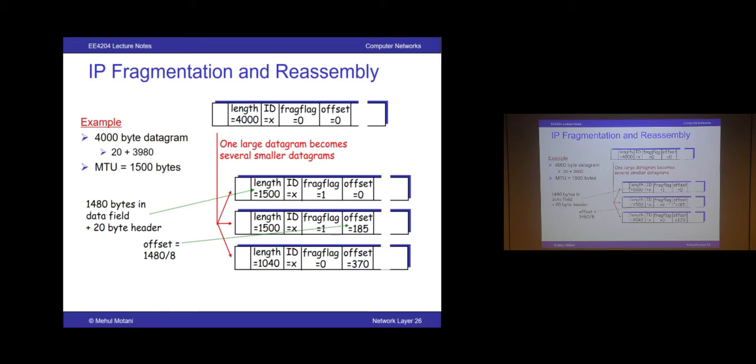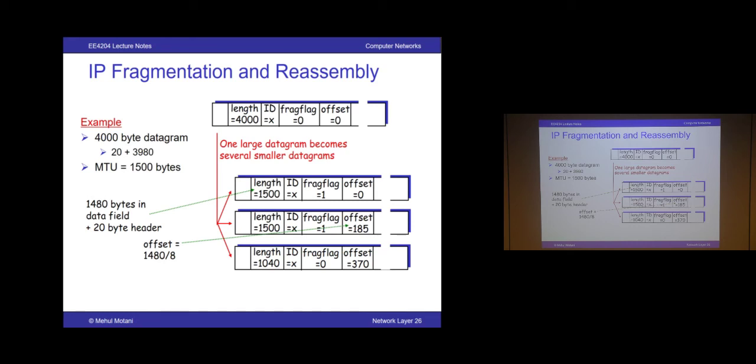If you are only on 8-byte chunks, you might end up with an extra packet. If you make it 16, you might end up with an extra packet. You want to fill up your child packet as much as possible, whereas if you're on large chunk boundaries, you may not be able to fill it up. Does that make sense? So even though the number of bits needed for the offset is smaller, you might waste space.